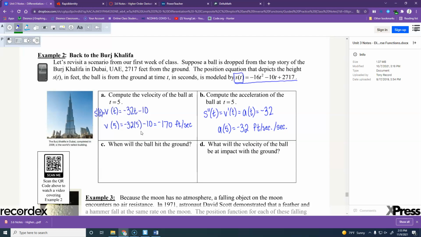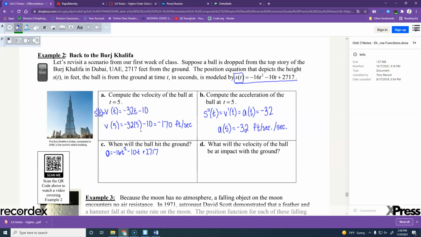Okay? When will the ball hit the ground? Okay? Why s of t? It's a height. So we want to know when its height is 0, right? So we'd have 0 equals negative 16t squared minus 10t plus 2717.